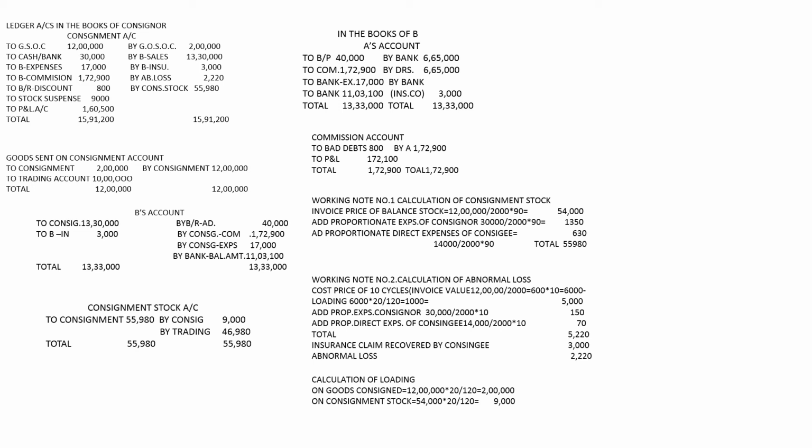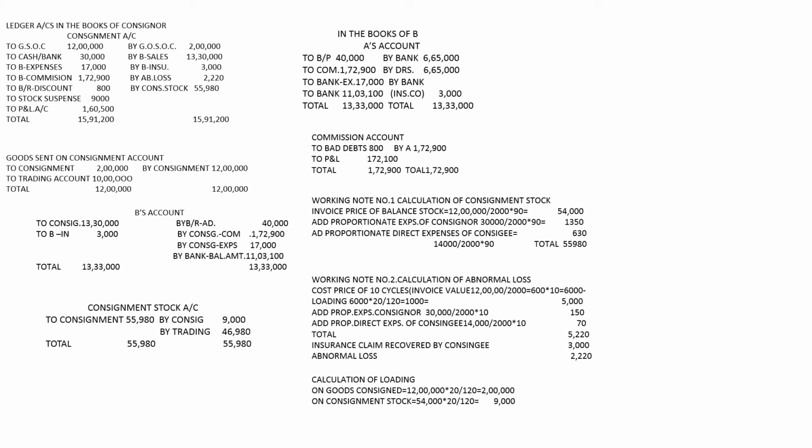Now since 55,980 is including a loading, because we have shown the invoice value of closing stock, therefore on 54,000, when we calculate loading, 54,000 into 20 upon 120, 1 by 6, that is 9,000.